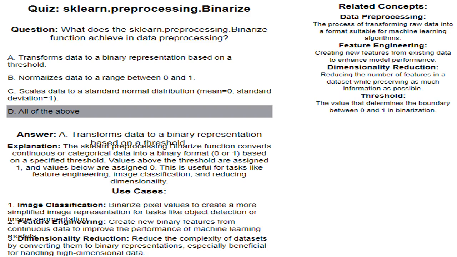Standardization is a preprocessing technique that scales data to a mean of 0 and a standard deviation of 1. It is often used for algorithms that assume a standard normal distribution for the data or for algorithms that are sensitive to the scale of the data.